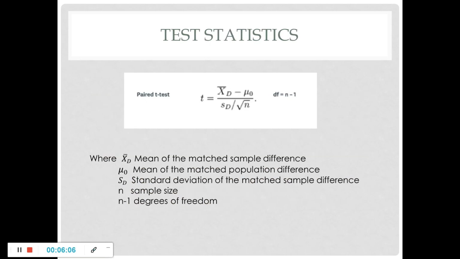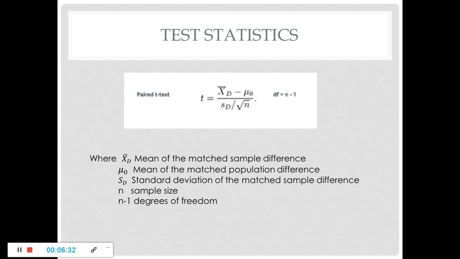So this is the formula to calculate the test statistic for the paired t-test. t equals x bar d minus mu naught divided by s d, the standard deviation of the differenced sample, divided by square root of n, with n minus 1 degrees of freedom.